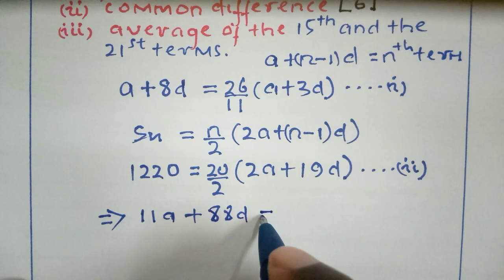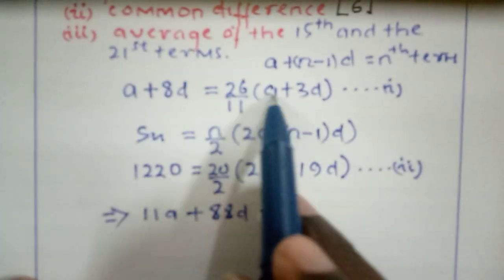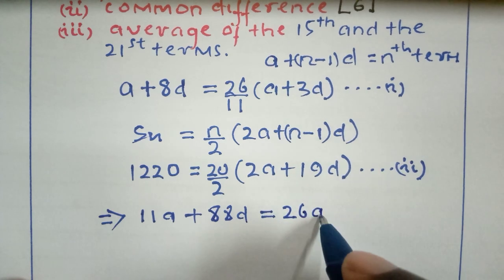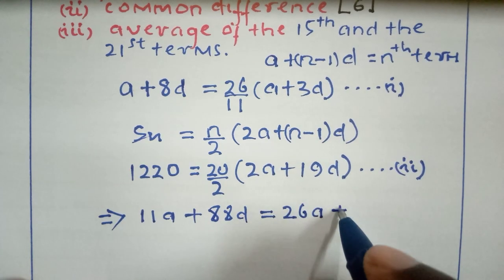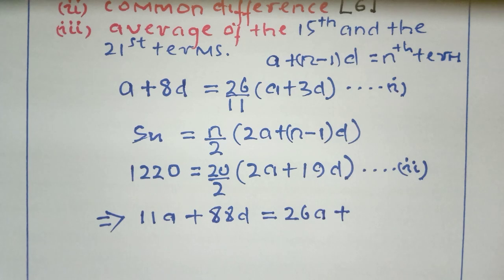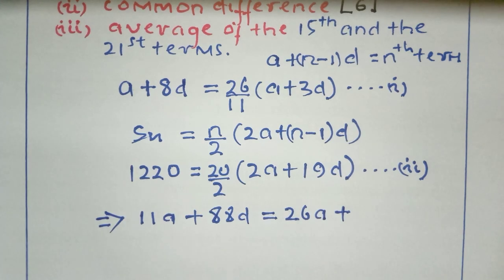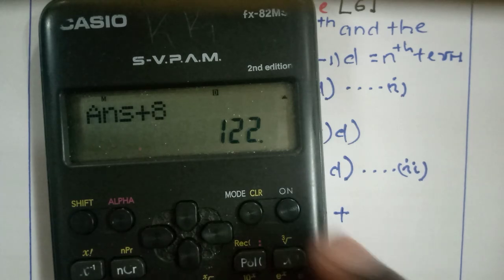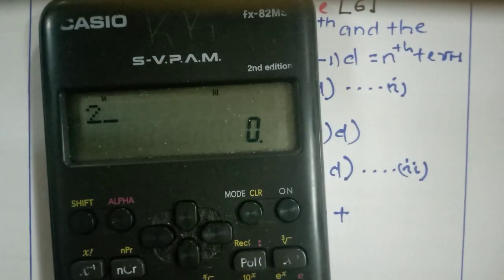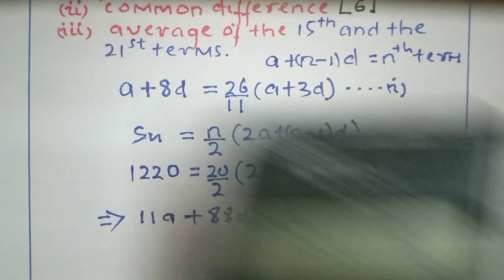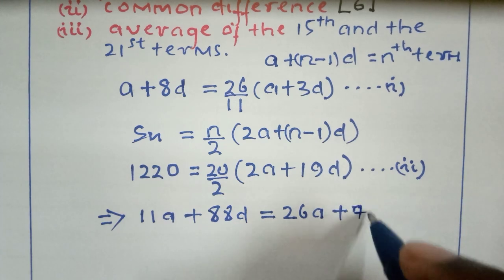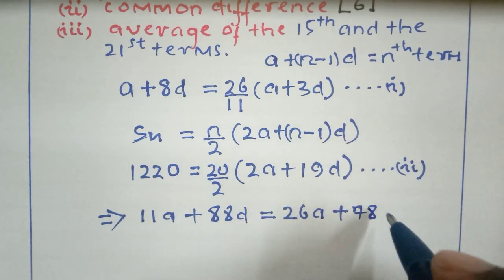This is equal to, multiply now 26 by that, it will be 26a plus 26 multiplied by 3, which equals 78. So we have 78d here.